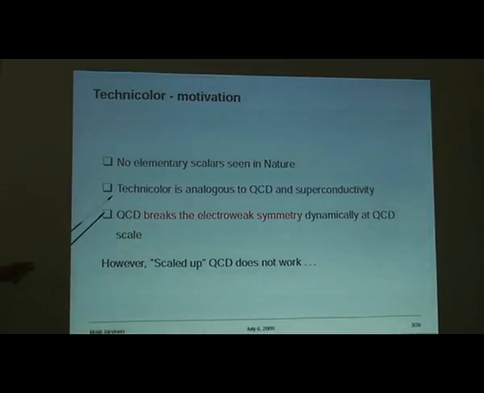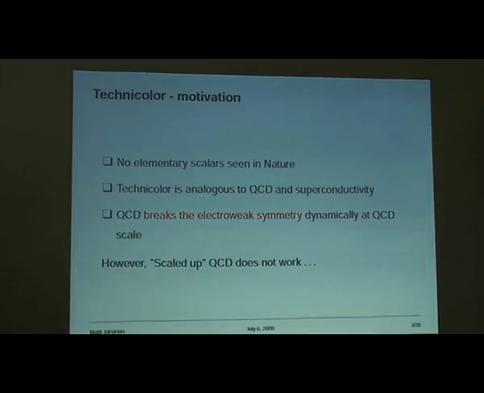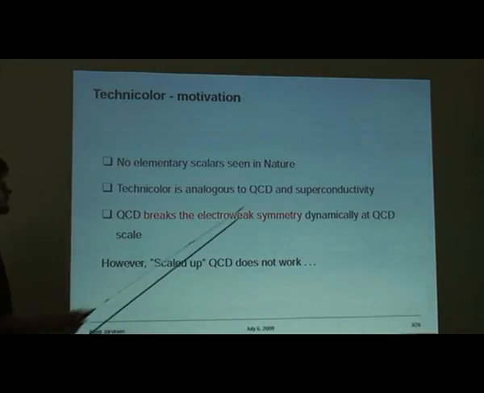Instead of any elementary scalars that would condense and break the electroweak symmetry, you have seen chiral symmetry breaking in nature, of course, in QCD, which is the main motivation, but also in superconductivity, where you have Cooper pairs, so the fermions form a bosonic object which then condenses, and it's probably quite closely analogous to QCD.